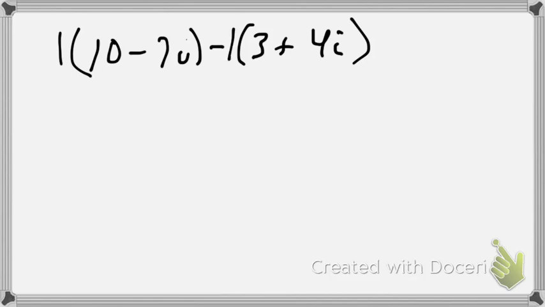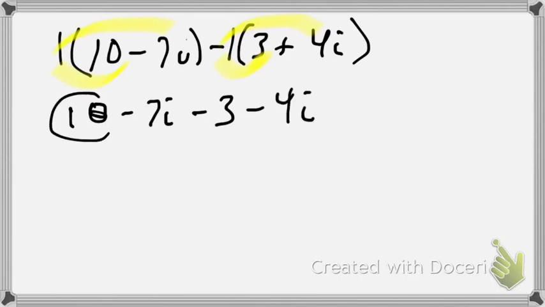So distribute: 1 times 10 gives us 10, 1 times negative 7i is a negative 7i. Now the negative 1 here: negative 1 times 3 is negative 3, and negative 1 times 4i gives us a negative 4i.